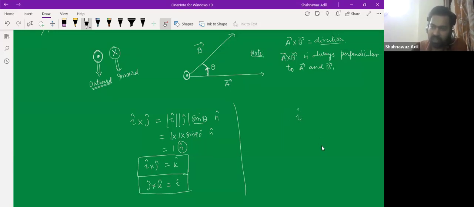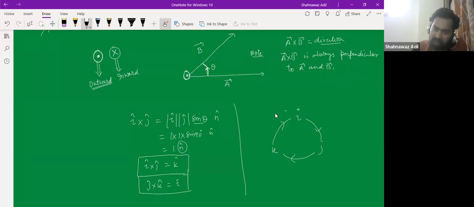So this is I, this is J, this is K. If I take I cross J, I will get K. If I take K cross I, I will get J. And if I take J cross K, I will get I. So this would be positive.